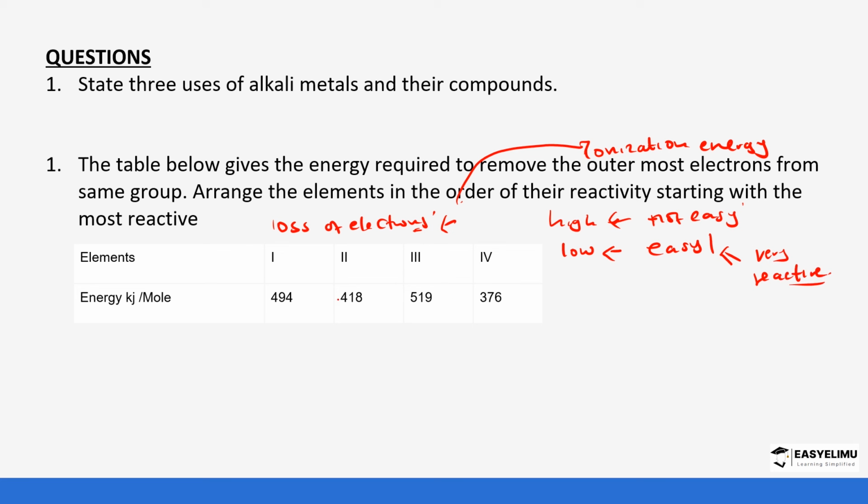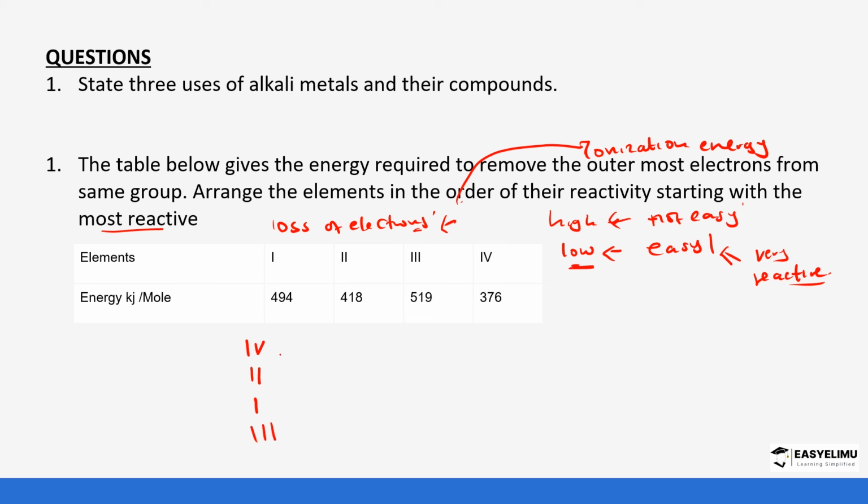So when you look at elements 1, 2, 3, and 4, when you look at their ionization energy, you start with the one that has low energy, because they have said you start with the most reactive, and the most reactive is the one that has the lowest energy. So the lowest energy is element 4, followed by element 2, and then element 1, and finally the highest is element 3.